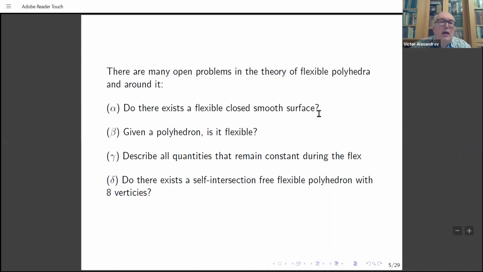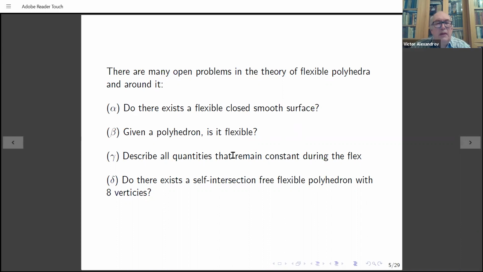It's a well-known problem of global differential geometry that still remains open. The second problem is, given a polyhedron, is it flexible? So we are given a polyhedron, and we want to decide whether it is flexible or not. Yes, this is an open problem.